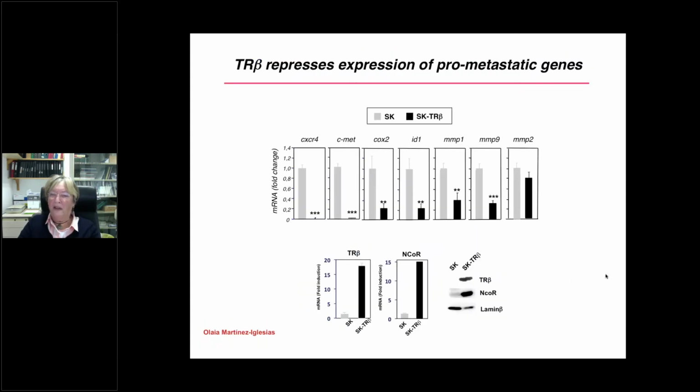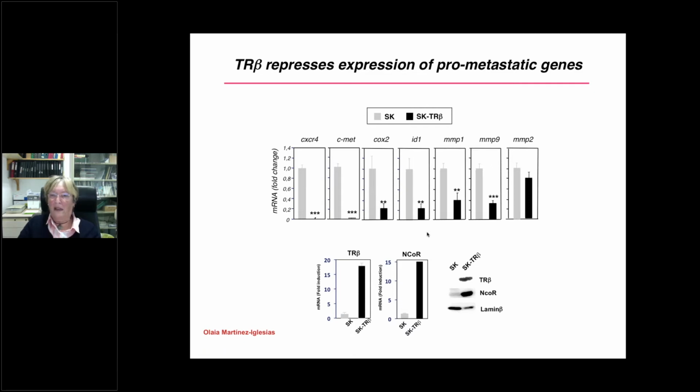With respect to the inhibitory effects of TR-beta on metastasis formation, what we could demonstrate is that the thyroid hormone receptor is able to repress the transcription of many metastatic genes in a coordinated manner.